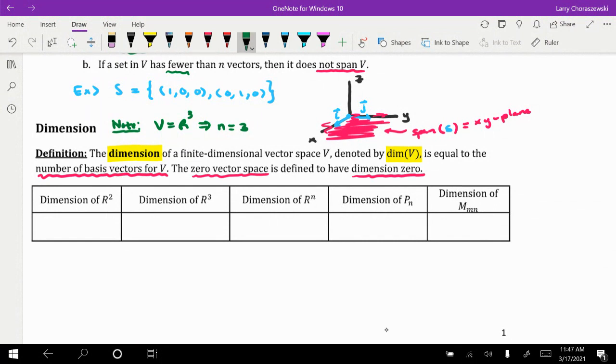So in other words, if we were to write dim of, and the zero vector space can just be written as the zero vector being in set notation, that would have a dimension equal to 0. So again, the dimension of a finite dimensional vector space would consist of the number of basis vectors for that vector space.